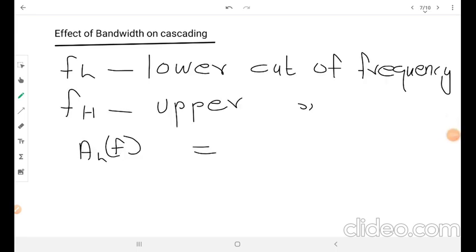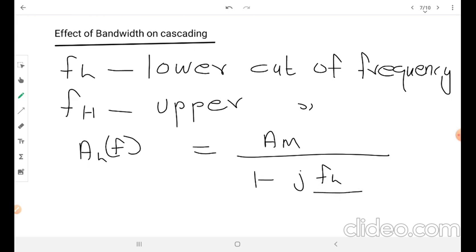We can write the gain at lower frequency, AL of F, as AM divided by 1 minus j FL divided by F, where FL is the lower cutoff frequency and AM is the gain at mid frequency.